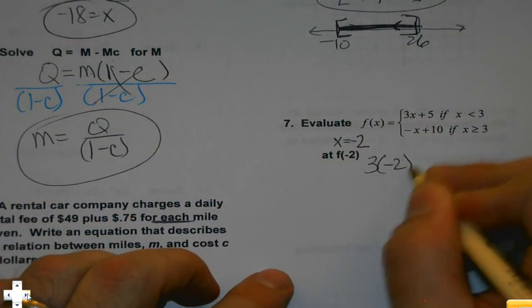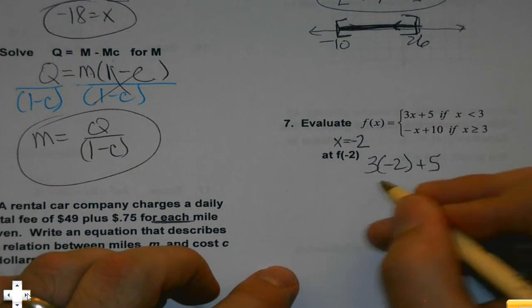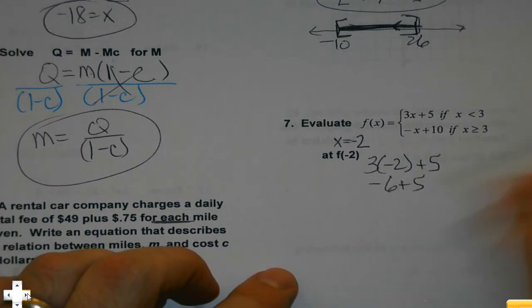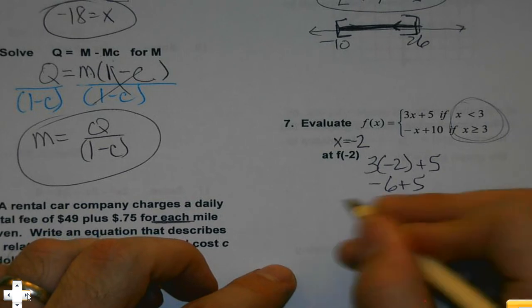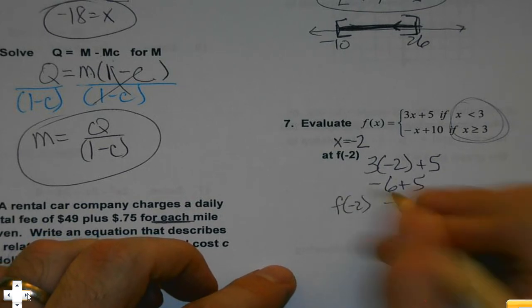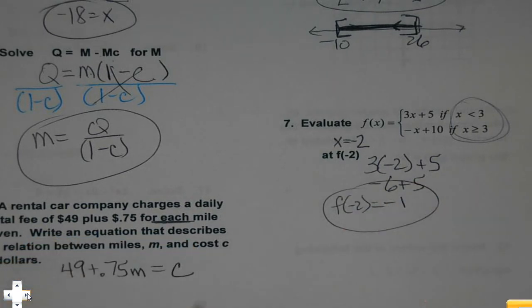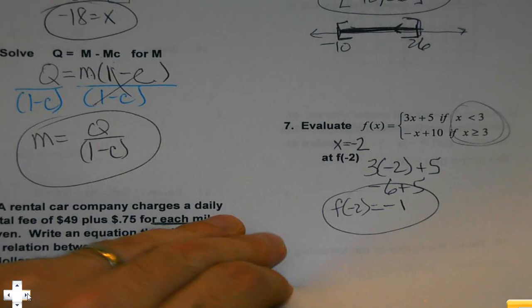Because it'll only work in one, it won't work in them both. So you've got to make sure you pick according to the inequality. And that would be my value at f of -2. In other words, I plug in -2, that's the value I'm going to get out. Not too bad so far.